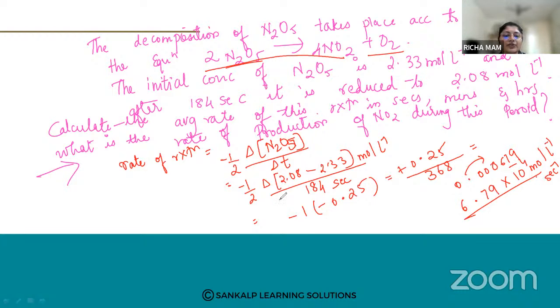Right. Now, this is the rate of reaction, right? Now we have to find the rate of the reaction per minute.